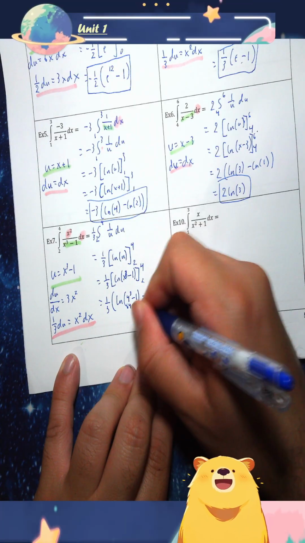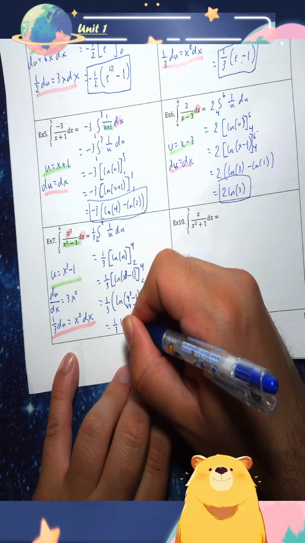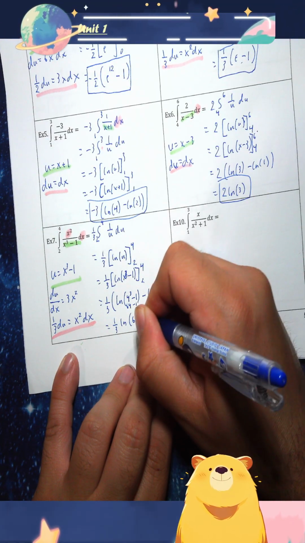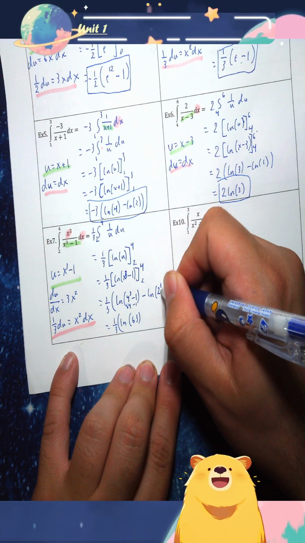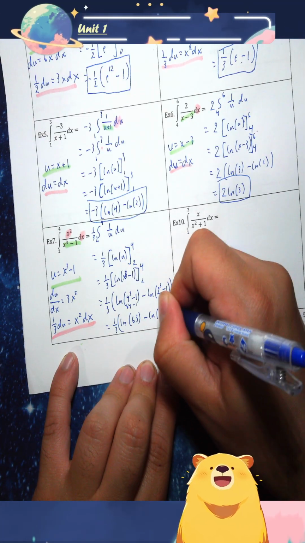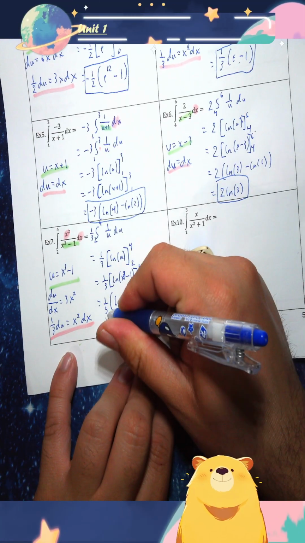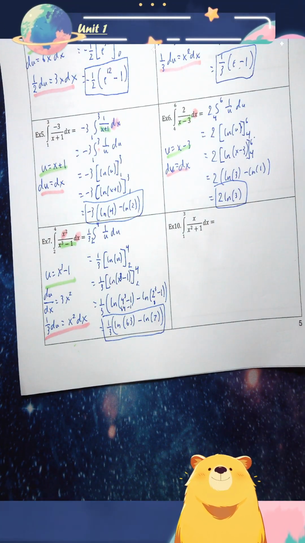So 64 minus 1 is 63. And then 2 to the power of 3 is 8. 8 minus 1 is 7. So ln of 7.